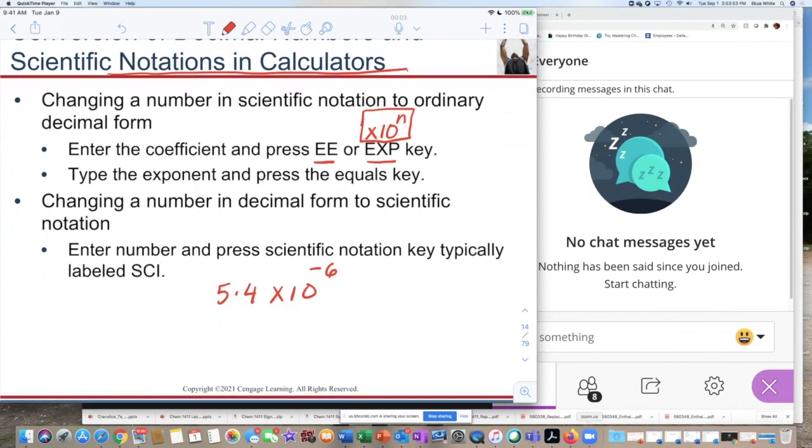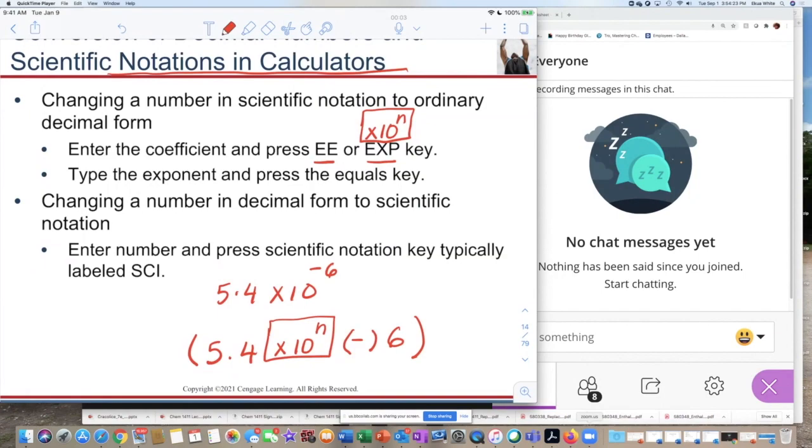I input it this way: open parentheses, 5.4. I press my times 10 power N key, my exponent key, and then I have this key as my negative, and then 6, and then close parentheses.